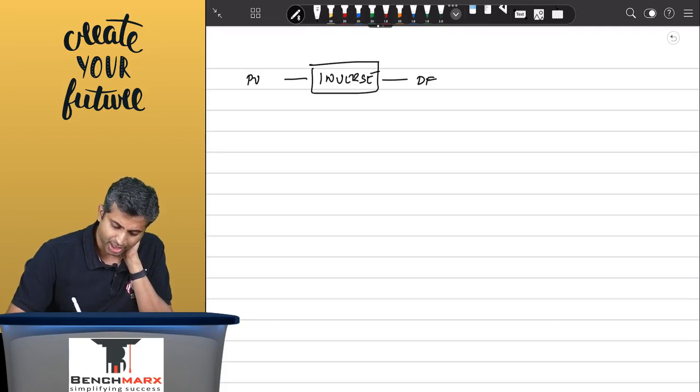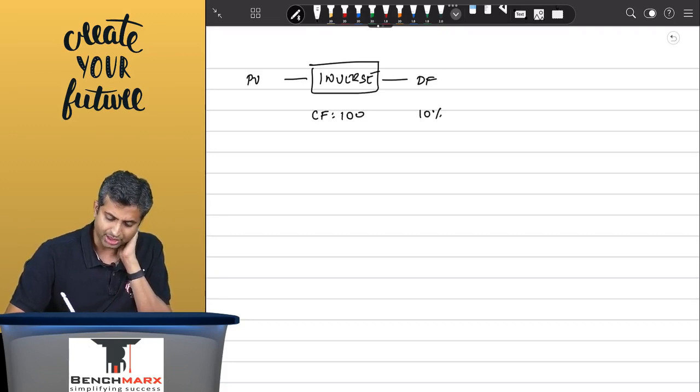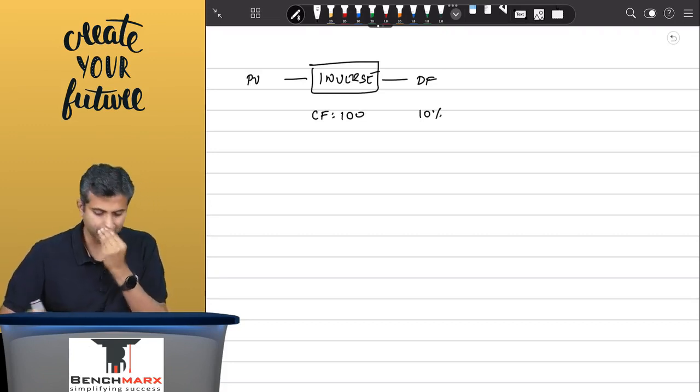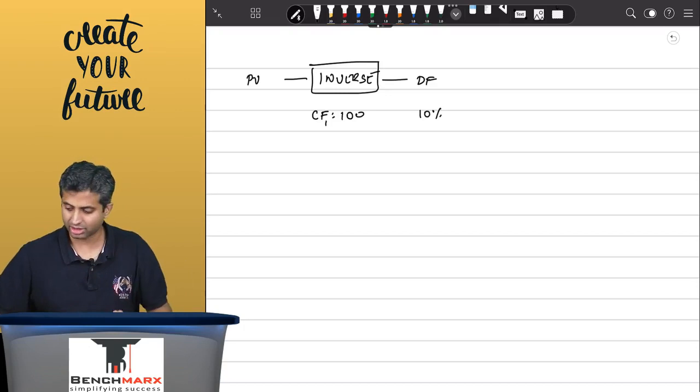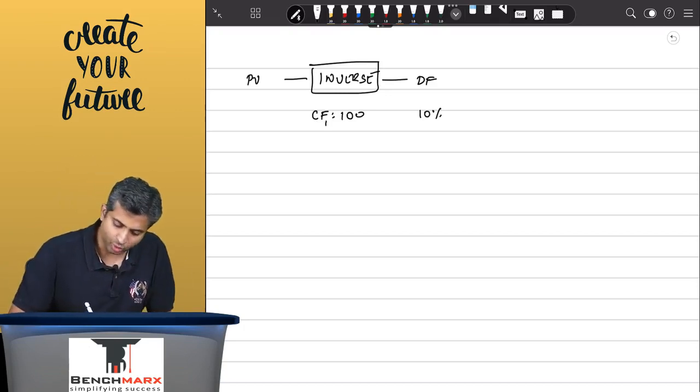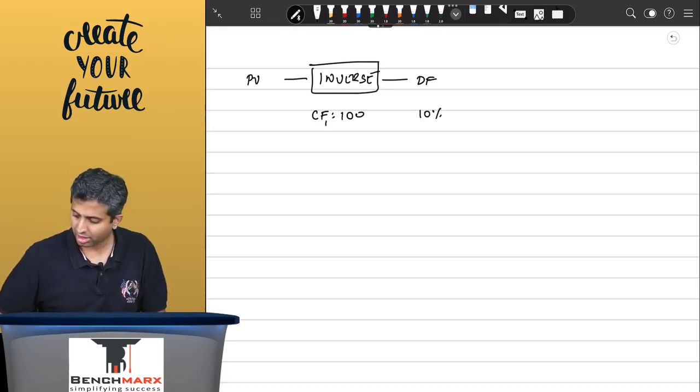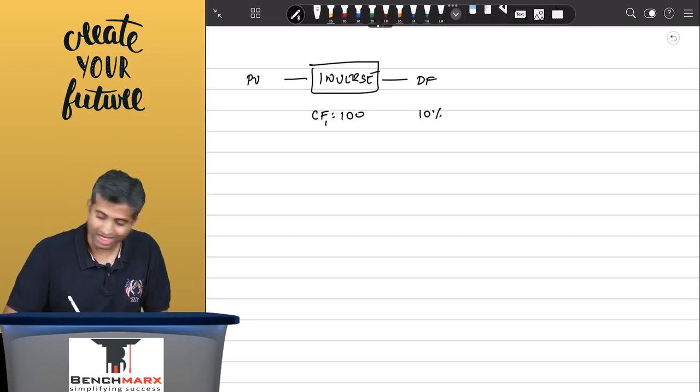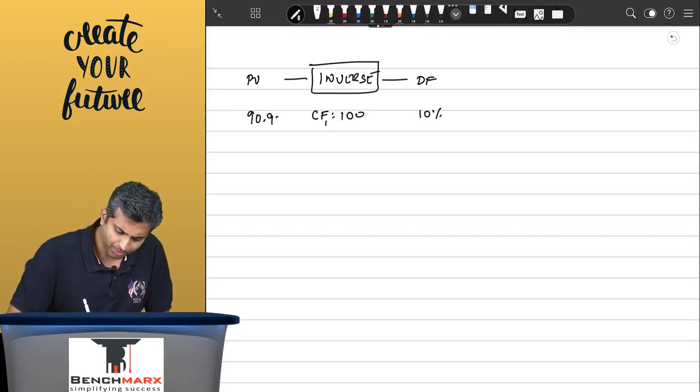For example, let us say the cash flow was 100 and the discount rate was 10%. The cash flow at the end of the first year is 100, so the present value would be 100 upon 1.1, which is 90.9.